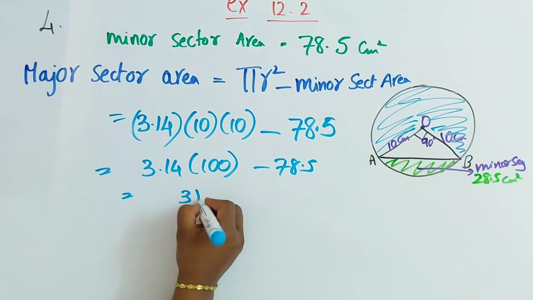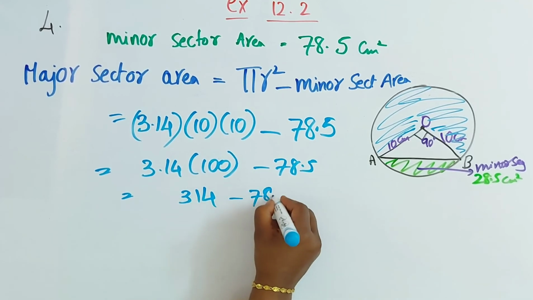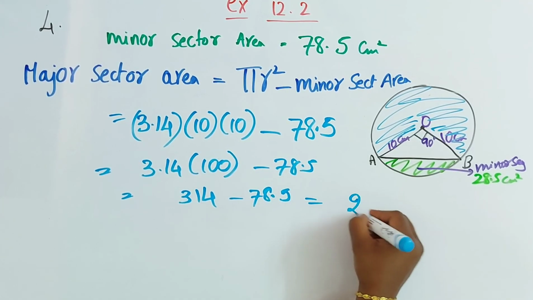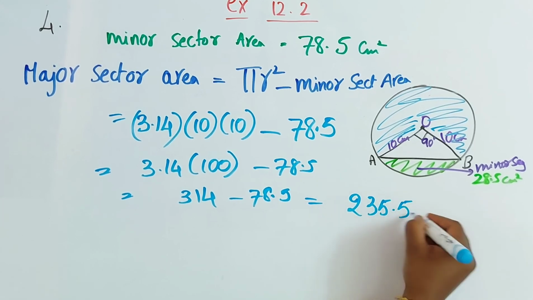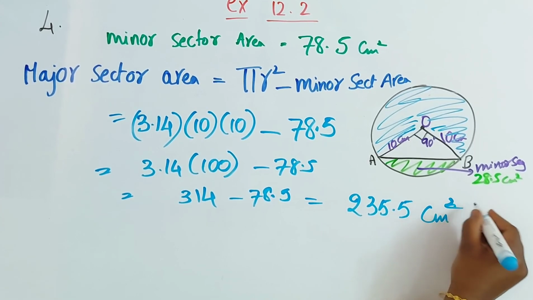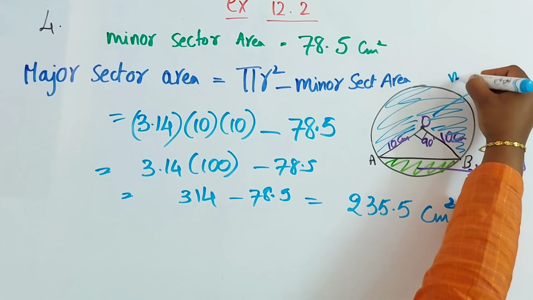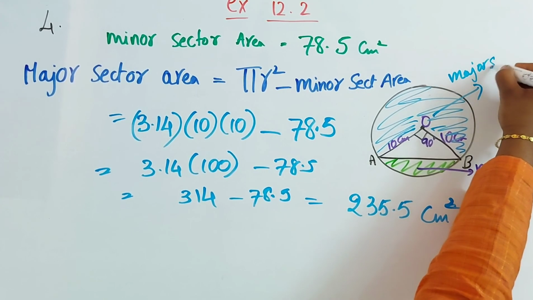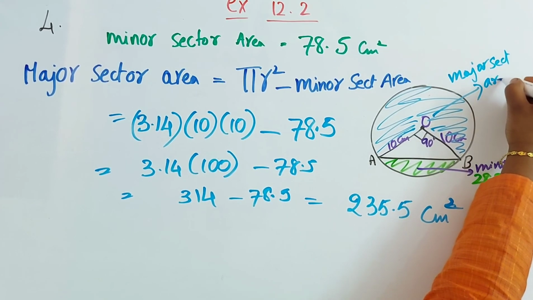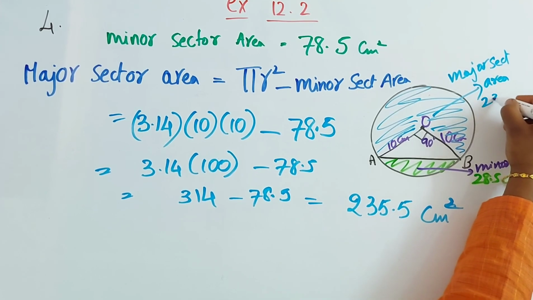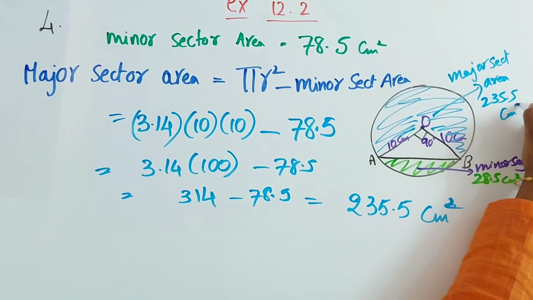That means 314 minus 78.5, children. That is equal to 235.5 centimeter square. This is the major sector. So, major sector area is equal to 235.5 centimeter square, children.